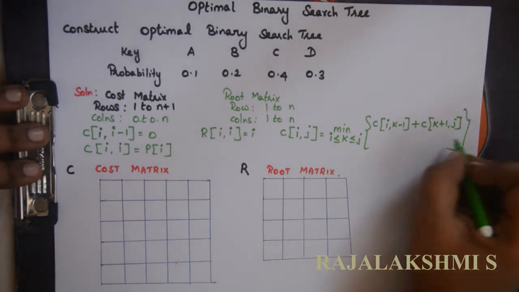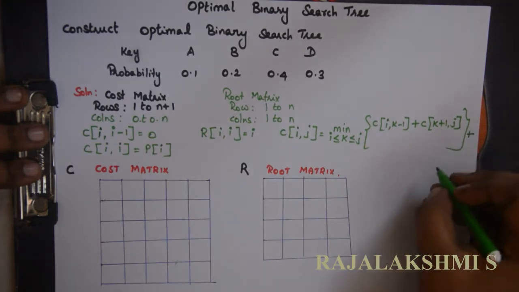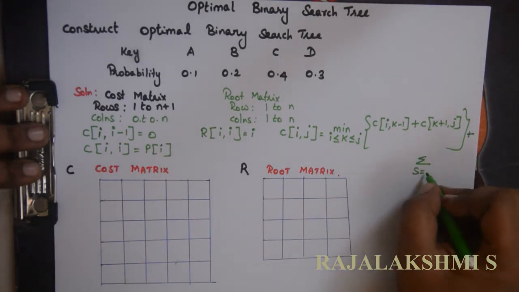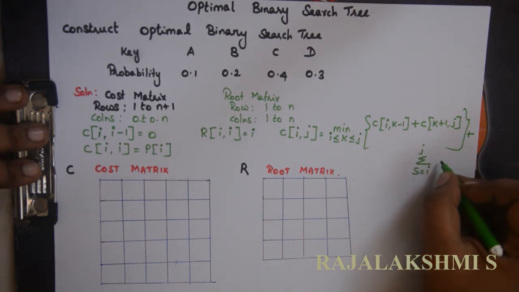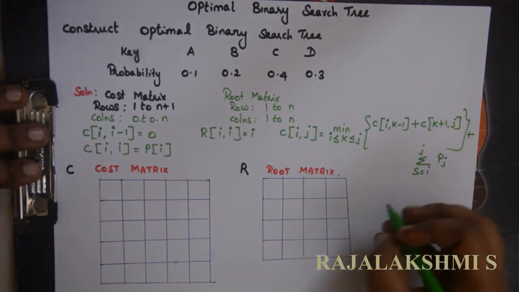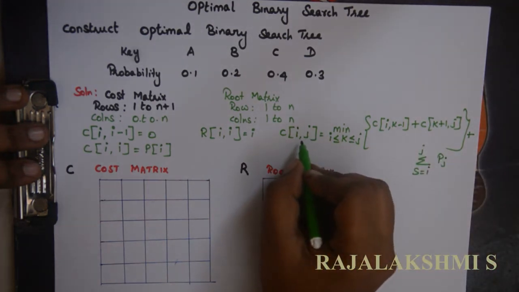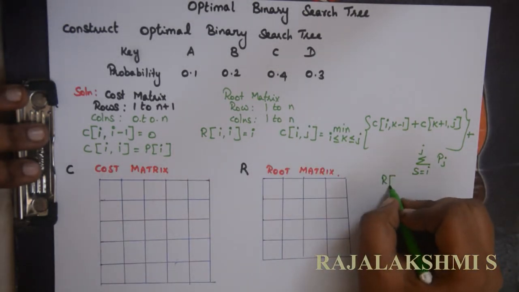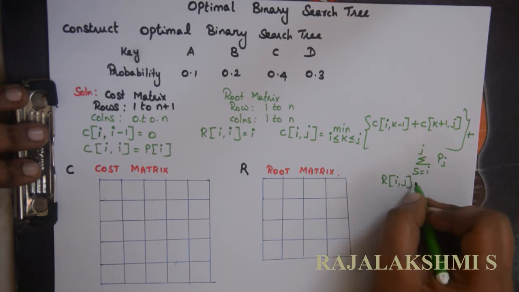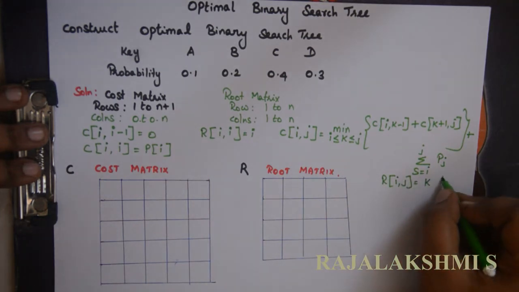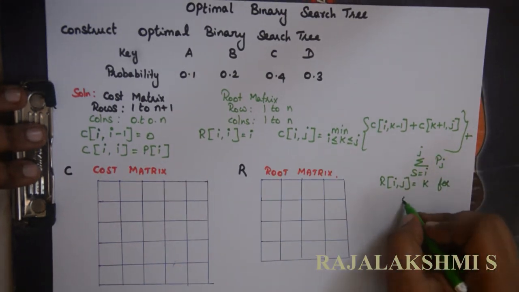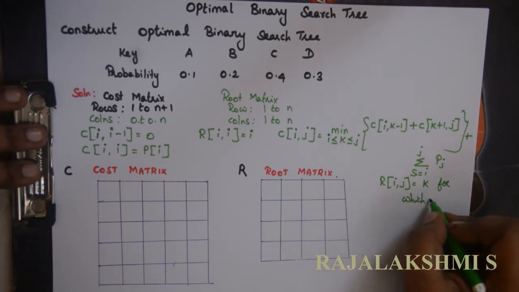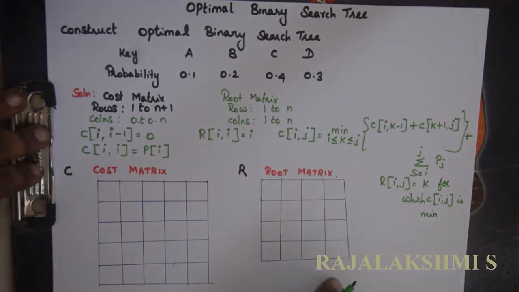After finding this minimum, the value should be added with the summation s equal to i to j of p s. This is the main formula to compute the cost matrix, and R of i comma j is equal to k, for which C of i comma j is minimum. I will explain these formulas then and there.